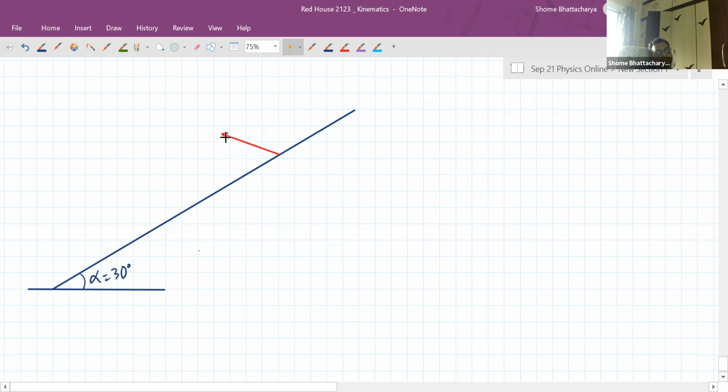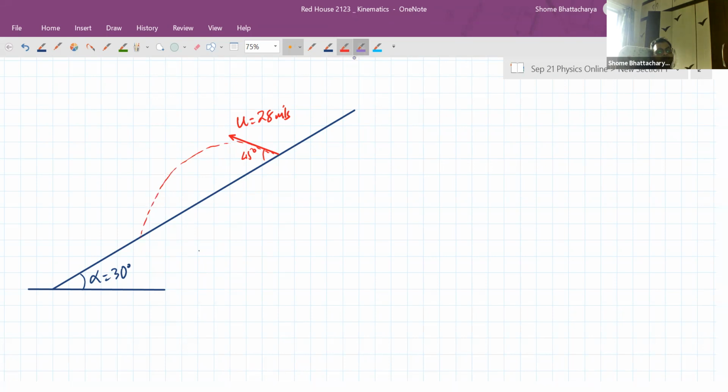Let's say we project it at 45 degrees, and our projection speed is 28 meters per second. So it has this kind of path.